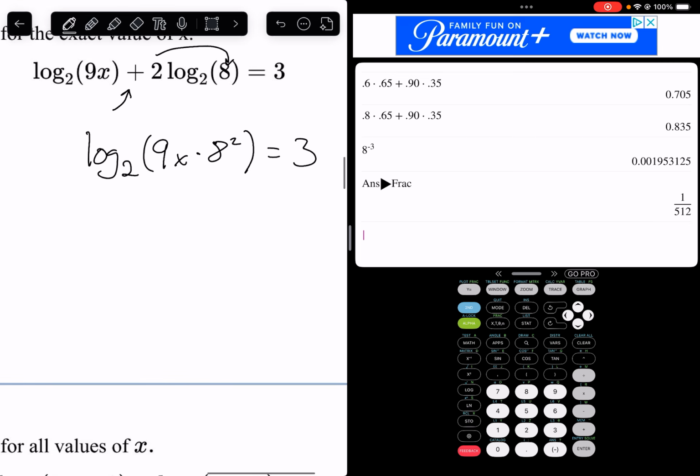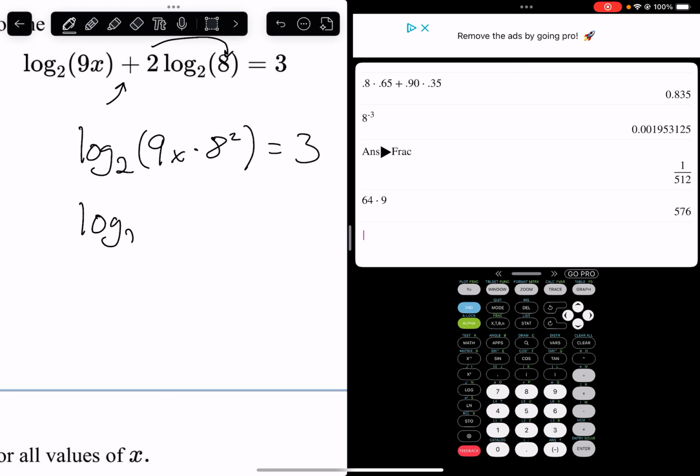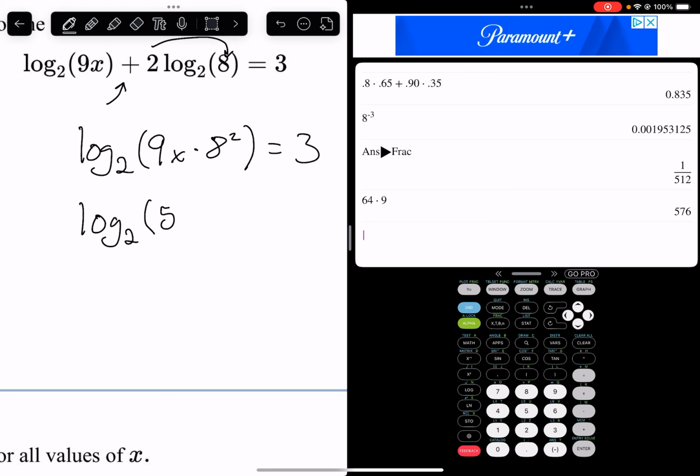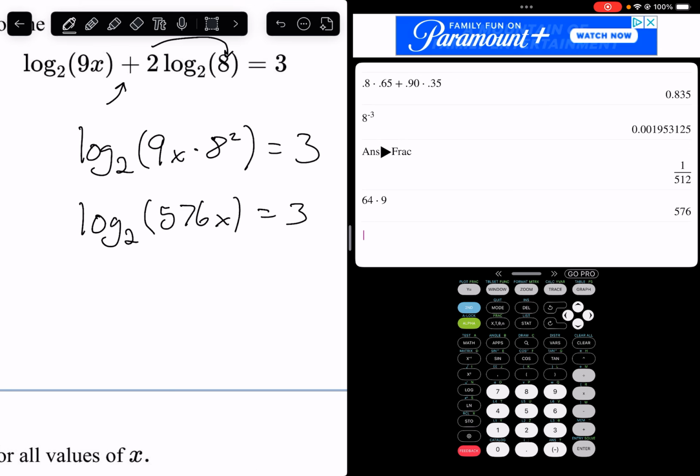We can multiply what's on the inside there. We get 8 squared, which is 64. And then we multiply it times 9. We get 576. So we've got log base 2 of 576x equals 3. Then we can write this as an exponential and solve for x.